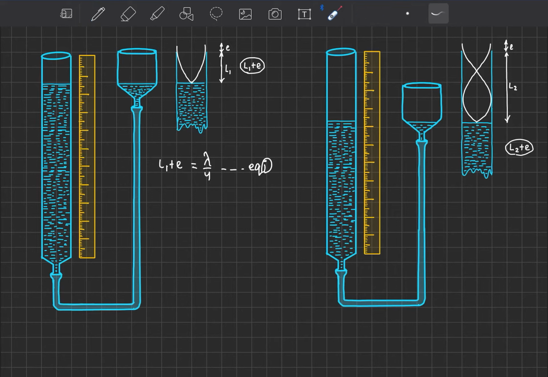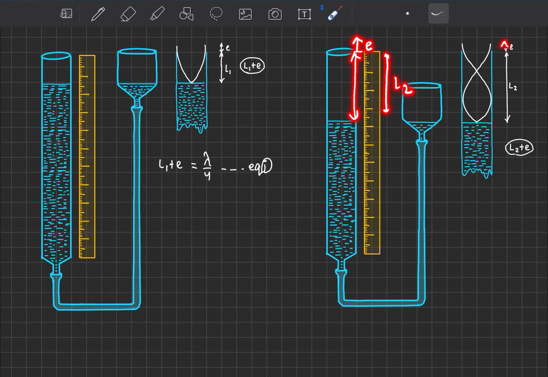Next, we will further lower it so that the water level will decrease, and we do the same experiment. We vibrate the same tuning fork, and we observe again at what length we get the same sound again. So let's say the next length at which we get another high level sound, another resonating frequency, is L2, and again there will be end correction here, we have to consider end correction.